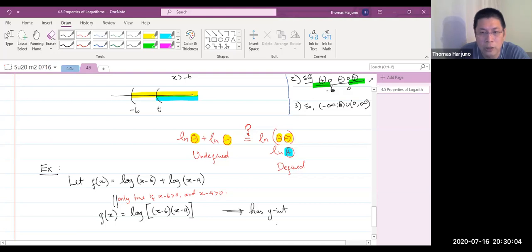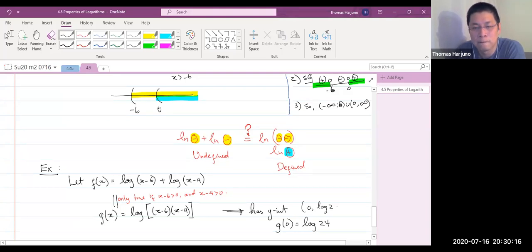G0 is equals to log of 24, right? So the y-intercept is 0, comma, log 24. But this guy, fx here, it doesn't have y-intercept.